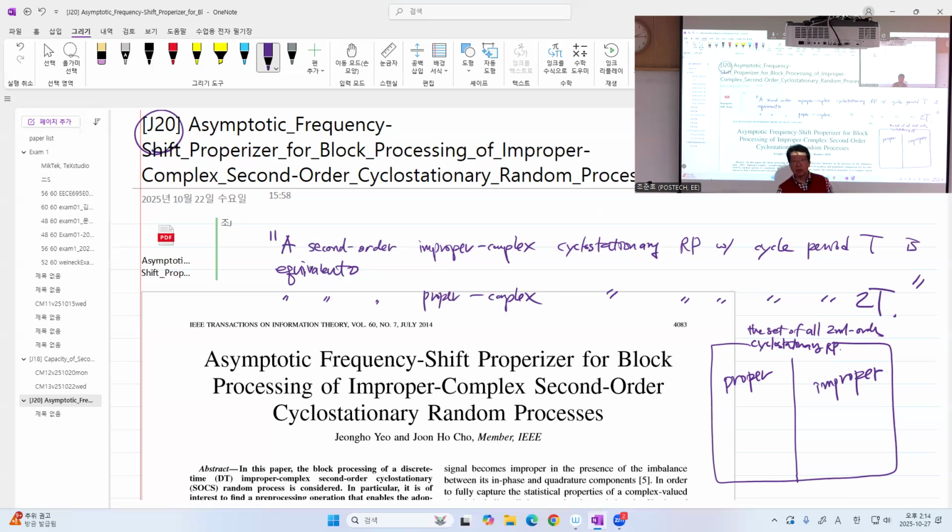For example, the fresh vectorizer is an invertible transform. The properizing fresh vectorizer is also an invertible transform of a second-order random process. Here, we propose the so-called fresh properizer.